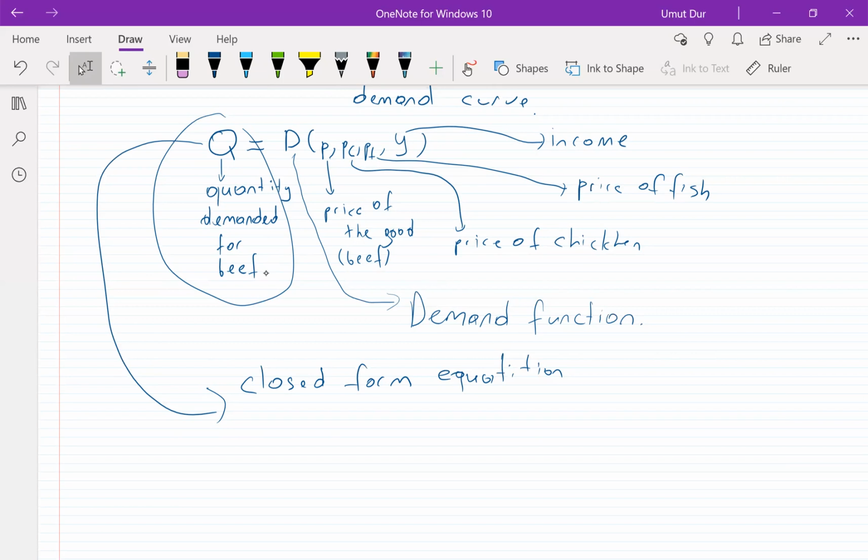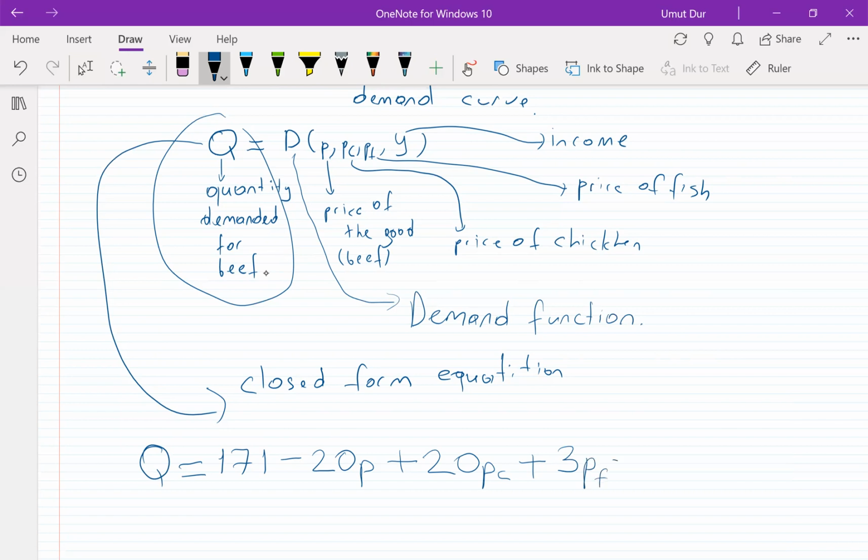So let's assume, this is what we are assuming right now, that the demand function may have a different shape, but we are just assuming that the demand function is given as follows. There is a constant here, which is 171, minus 20p plus 20pc, the pc was the price of chicken, plus 3pf plus 2py.